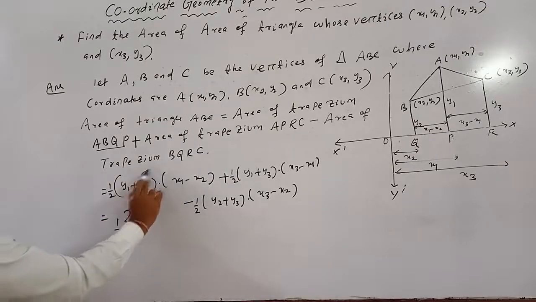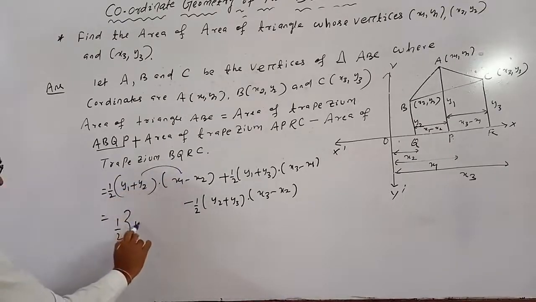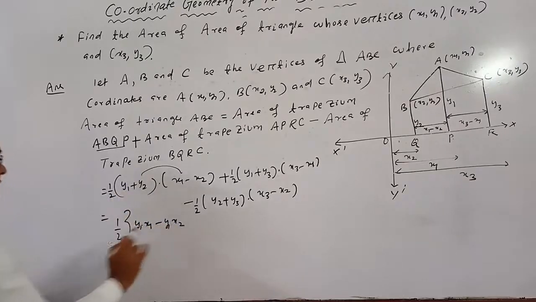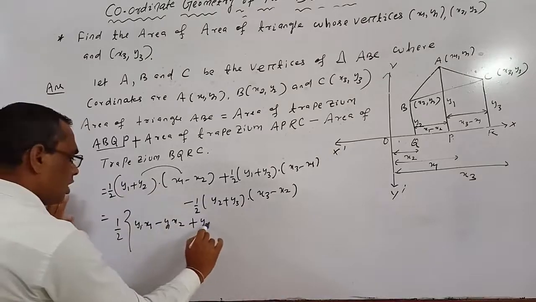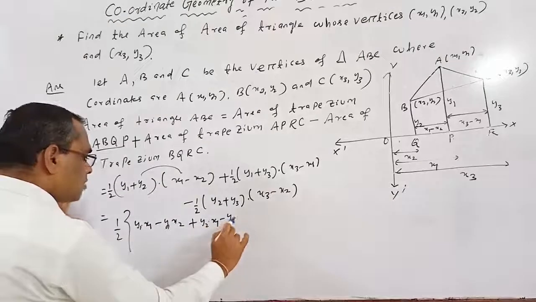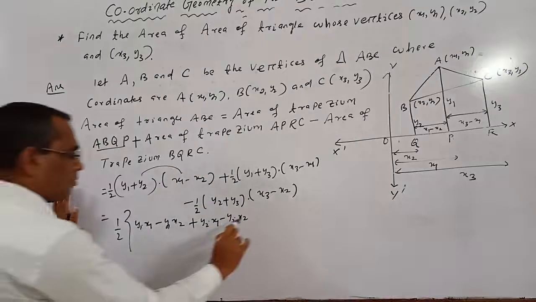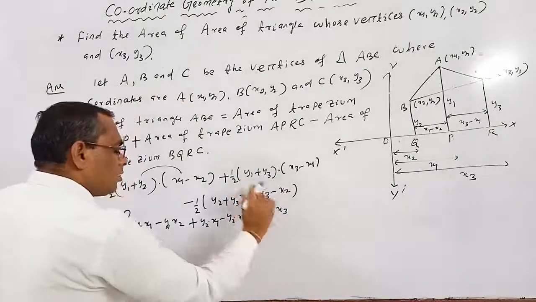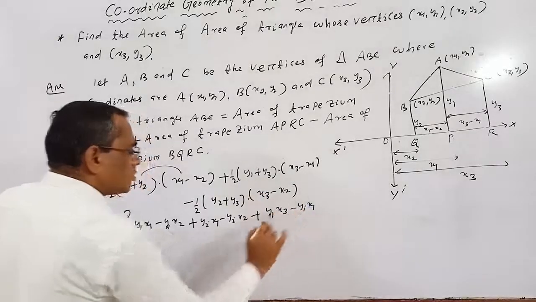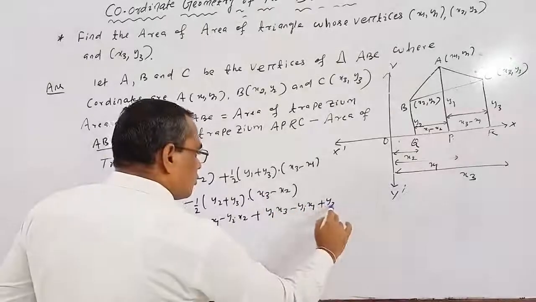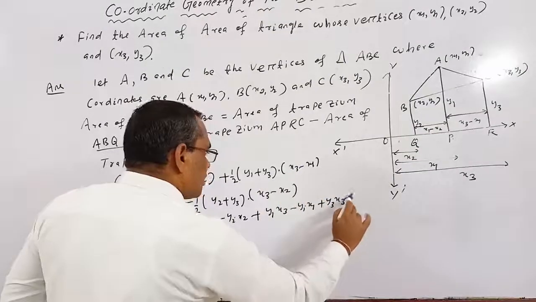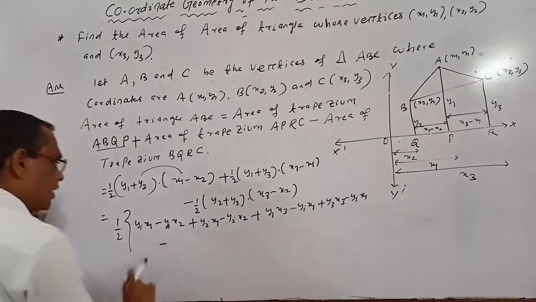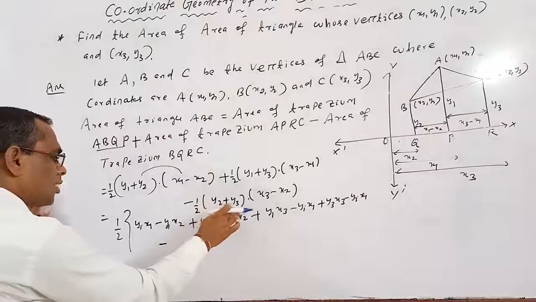Now we multiply. y1 into x1 minus y1 into x2 plus y2 into x1 minus y2 into x2 plus, multiply this, y1 into x3 minus y1 into x1 plus y3 into x3 minus y3 into x1, minus, now multiply y2 plus y3 into x3.